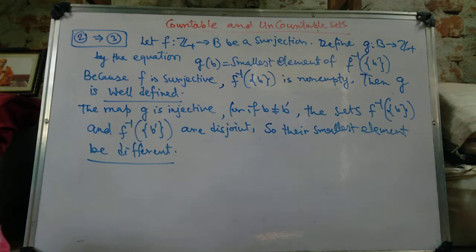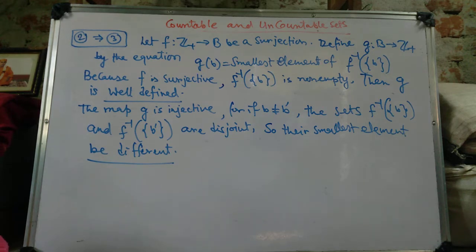Now if f from Z plus to B is a surjection, and g from B to Z plus is defined by the equation the smallest element of f inverse of b, since f is surjective, f inverse of b is non-empty. Then g is well defined. The map g is injective, for if b is not equal to b dash, the sets f inverse of b and f inverse of b dash are disjoint.